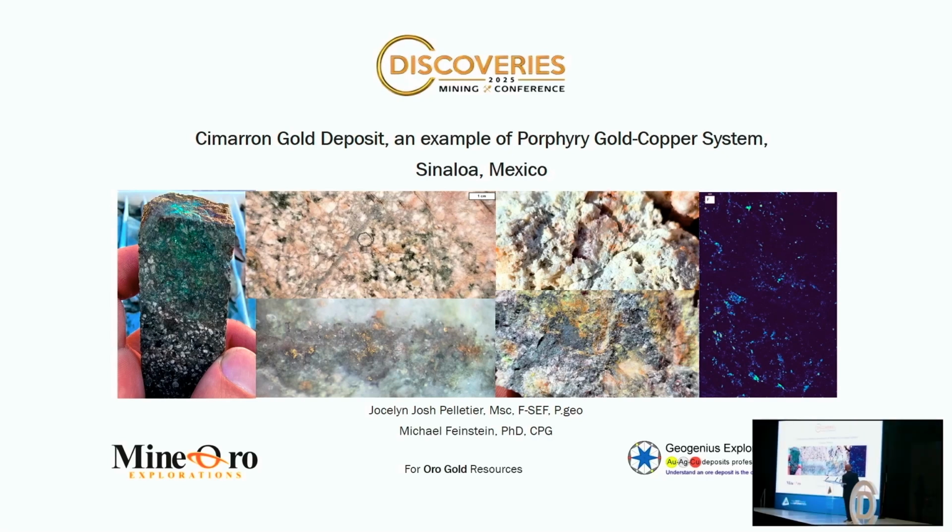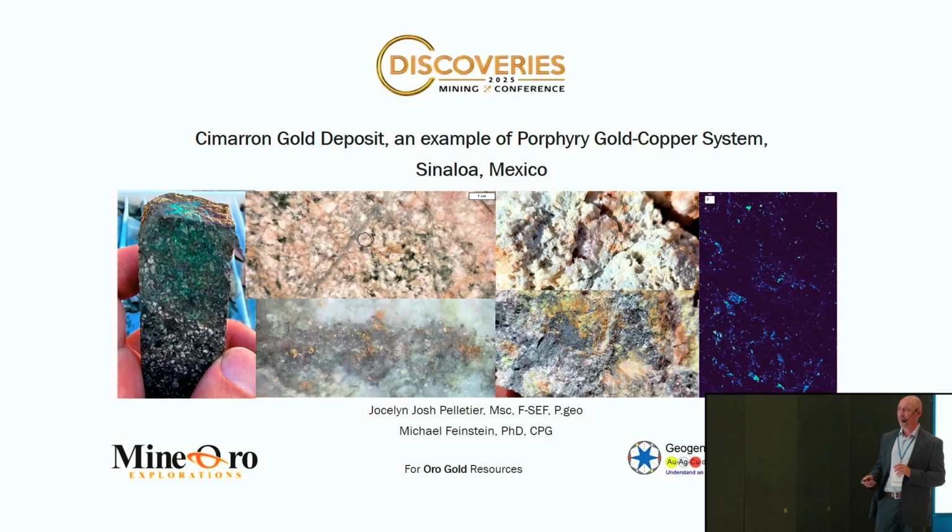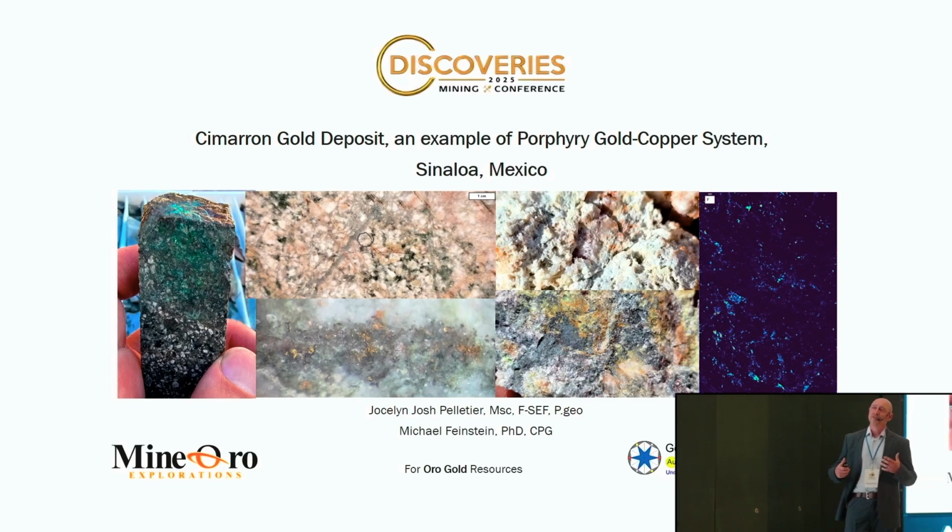We have calc-potassic alteration with fluorine, and we have the spikerite veins. They can also be disseminated in that case. And we also have disseminated chalcopyrite, because sometimes there was some previous alteration there, and instead of forming veins, it goes in as dissemination.